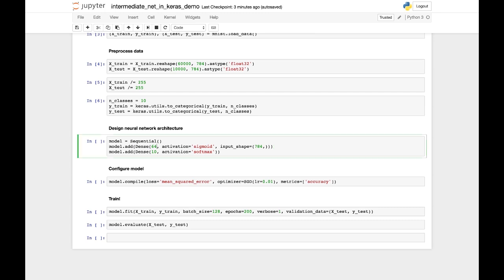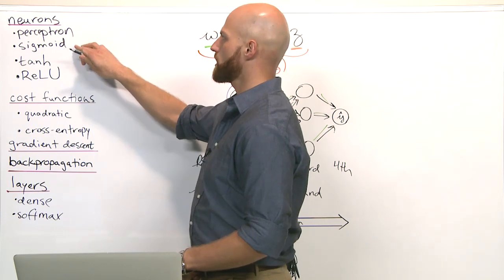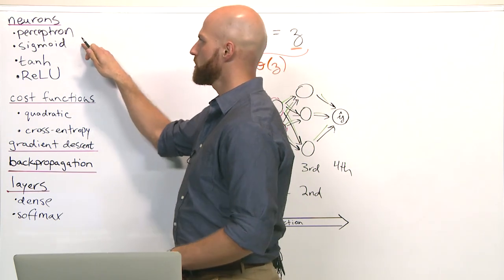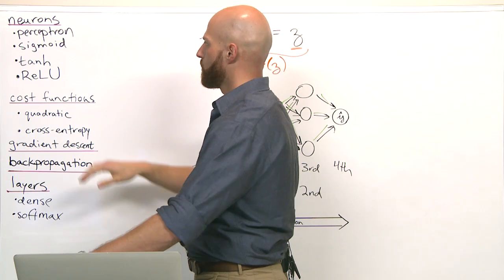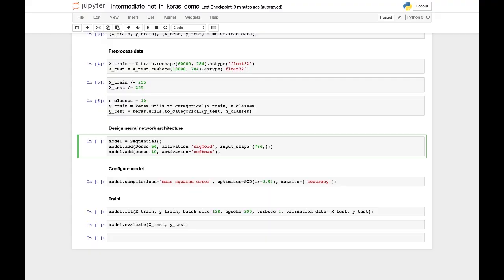So one thing is we're using sigmoid activation here. So we used sigmoid when we were talking about theory in the beginning, but we also discussed that using one of these other neuron types, Tanh or ReLU, would be more efficient. So let's switch this over to Tanh.